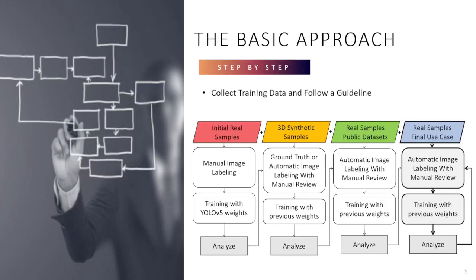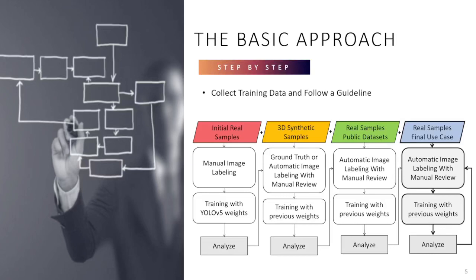Once you get the 3D synthetic data, you automatically label it if you don't have ground truth, then manually review it. Then you train with the weights from the previous training session. Then you repeat: you analyze, look at the metrics, and run detections on the validation and testing set.